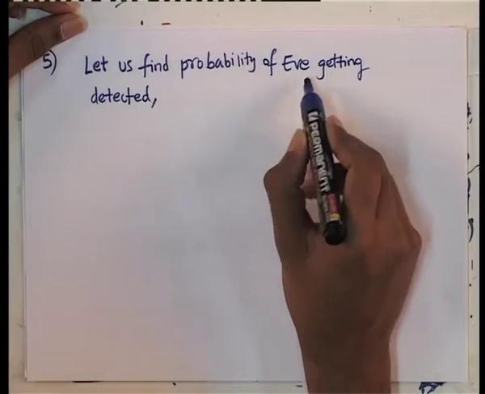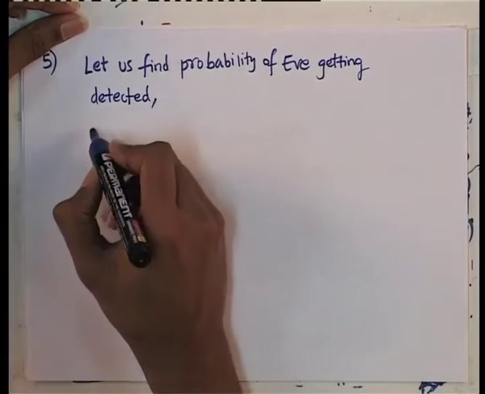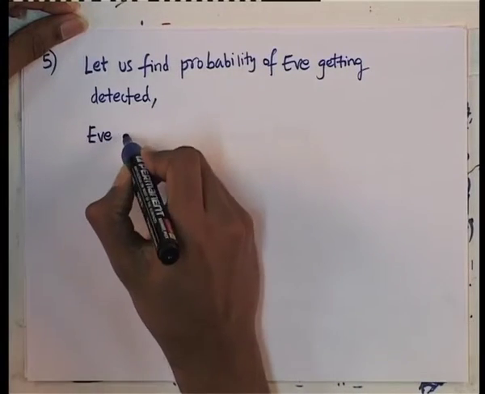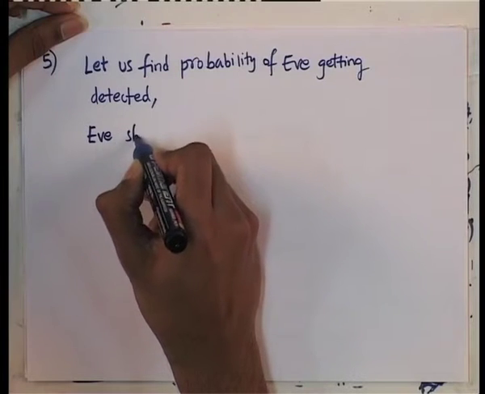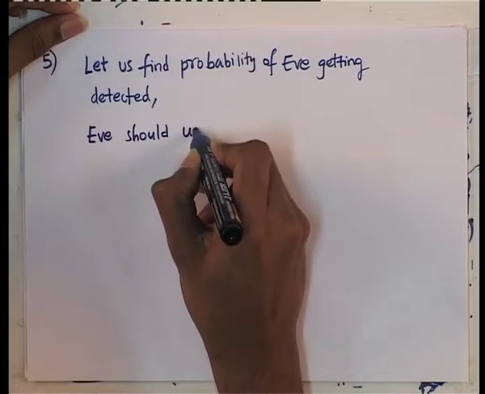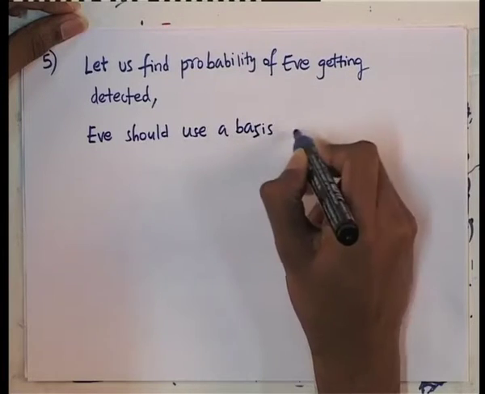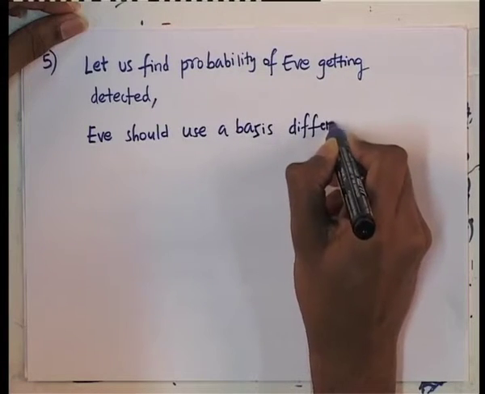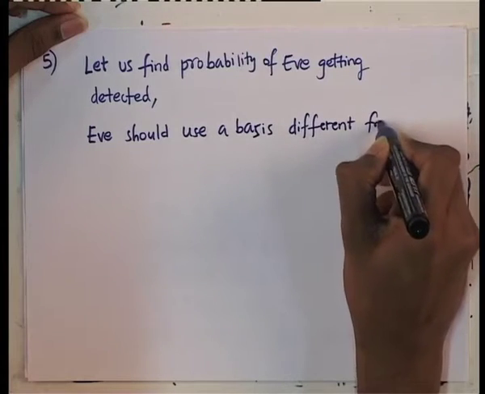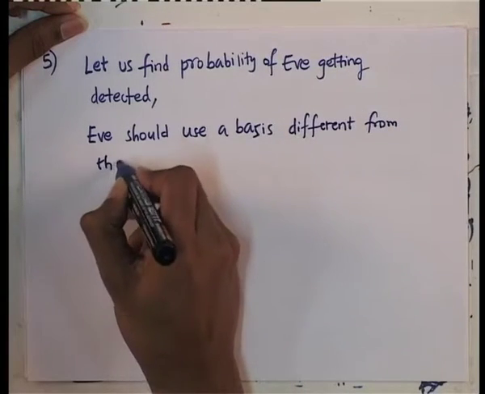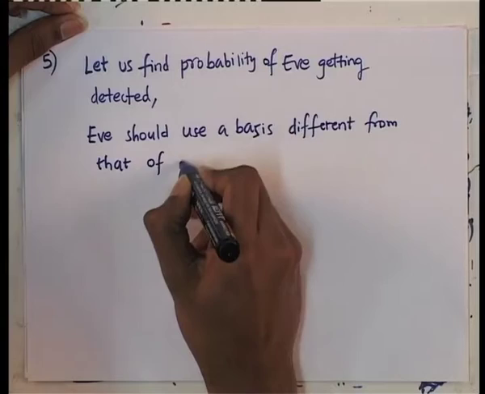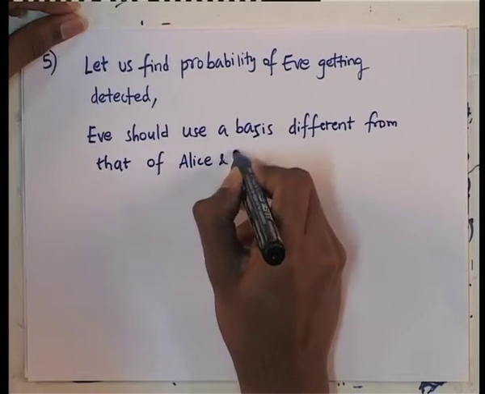To have Eve detected, Eve should use a basis different from that of Alice and Bob.